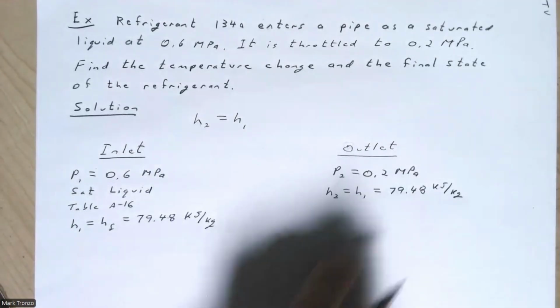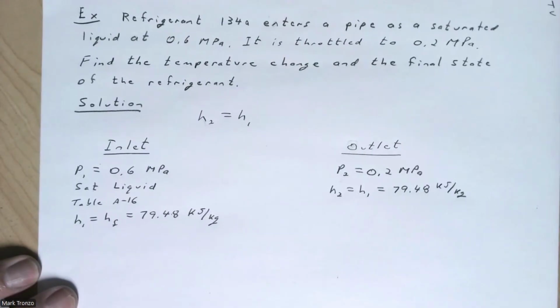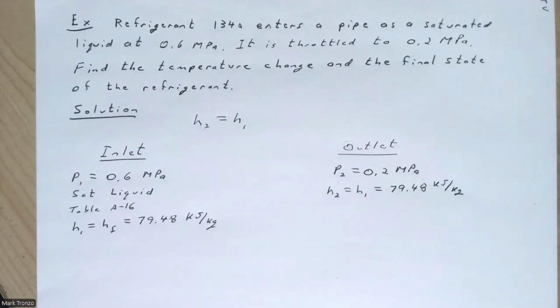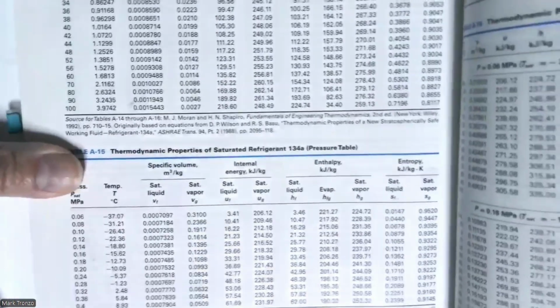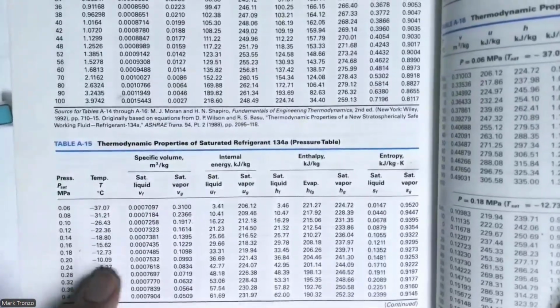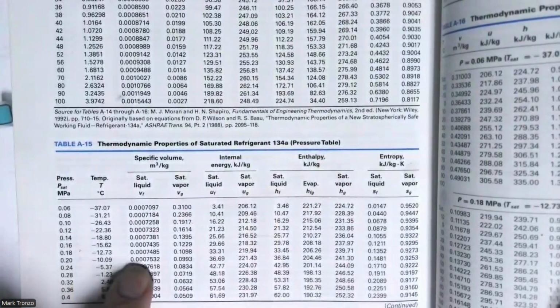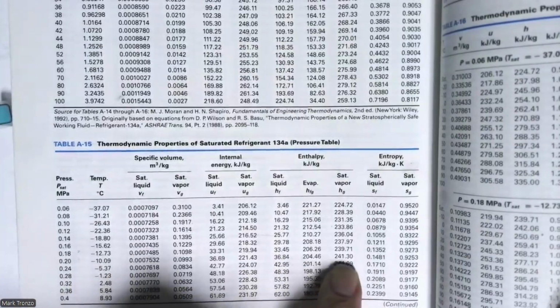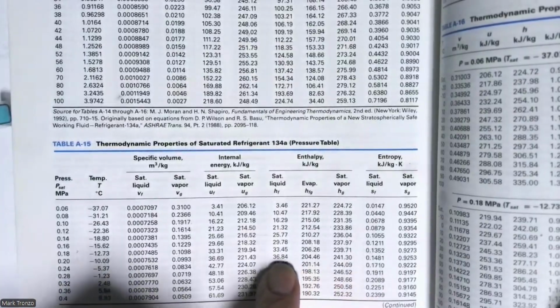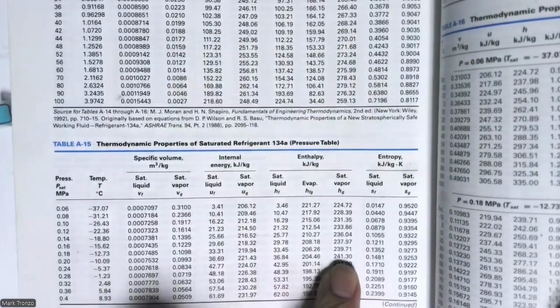And so we have to look these up in the table. We'll start with the saturated refrigerant 134 table, and look up 0.2 MPa. For 0.2 MPa, we'll check the enthalpy, see where that 79 falls. And it looks like it falls somewhere between 36.84 and 241.3.